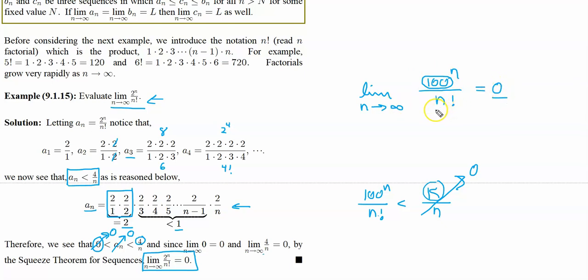So that tells you that factorials grow faster than exponentials to any base. As large as you want to make that base, factorials still grow faster than exponential functions. And that's an interesting result and an important result to take note of.